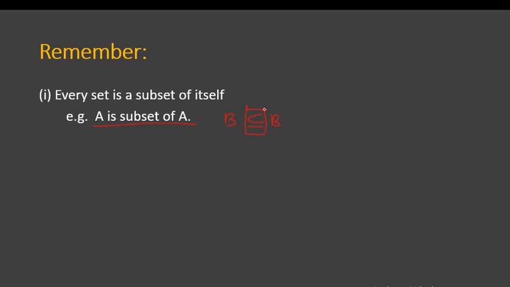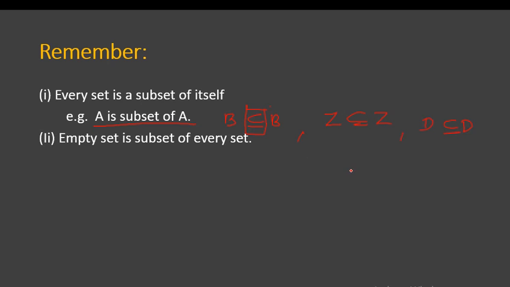So this is the representation of subset. And how do we read it? B is a subset of B. Then if Z is a set, then the subset of Z is Z itself. If D is a set, then it is also a subset of D. So this is how we remember that every set is a subset of itself.